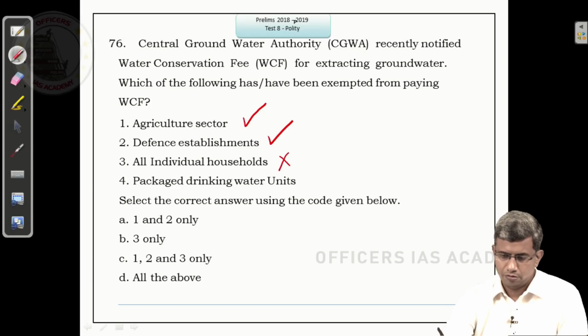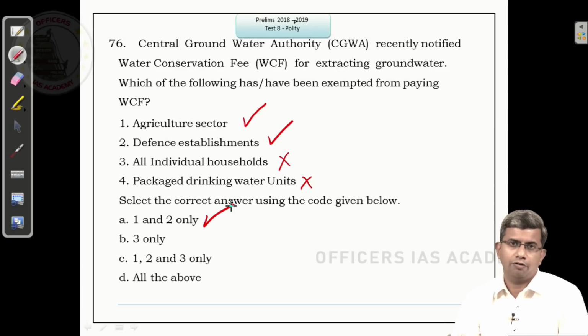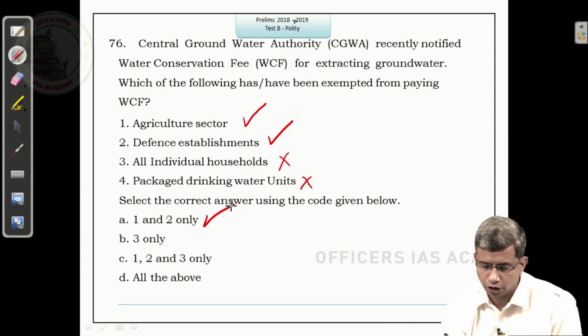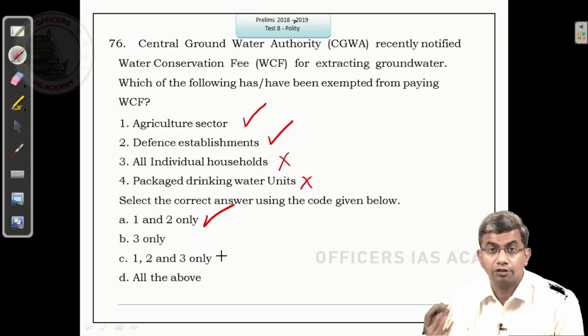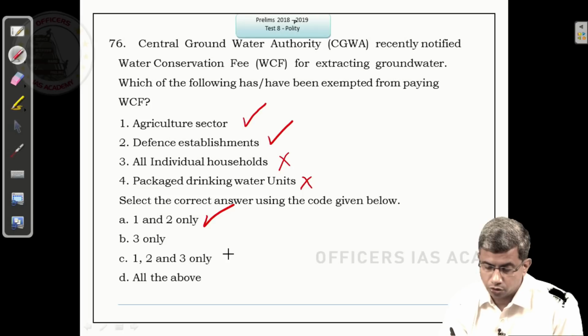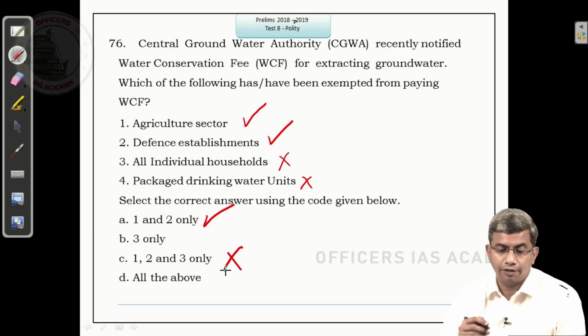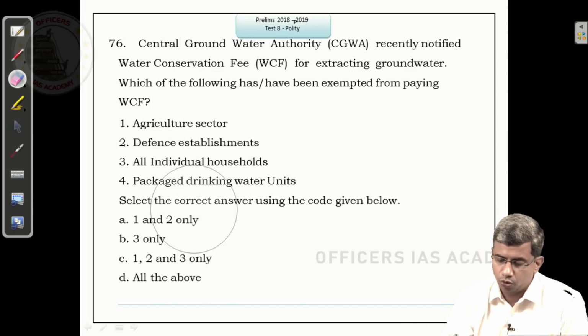No. Packaged drinking water units, obviously not. The trick in this question is that some of you might have chosen the correct answer, which is A. Some might have chosen C because they thought every individual is also poor, and the majority of Indians are poor, so there will be no fee. No, there has to be some restriction because so much groundwater depletion happens because of individual households without rainwater harvesting. So this is not the right answer. The correct answer is 76A, 1 and 2 only.